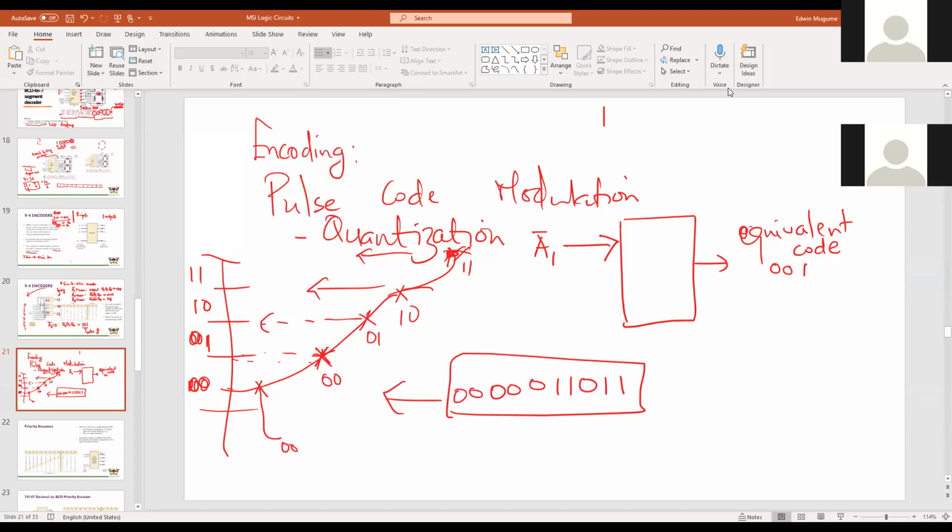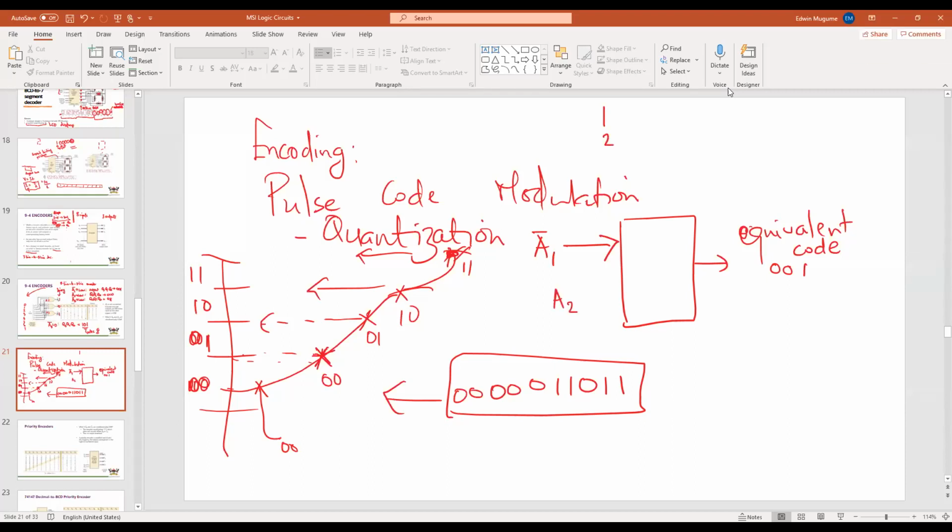If it is A2, usually that can be 2, we call that 010. If it is A5, we encode it as 101 because presumably this is decimal 5. If it is A7, we encode that as 111. That is precisely what we have just done.